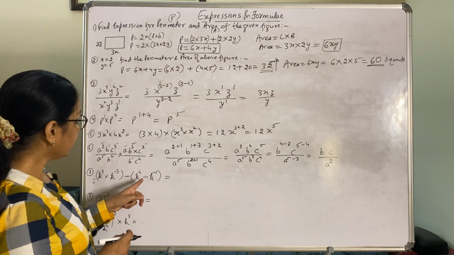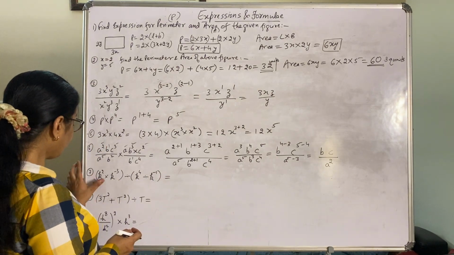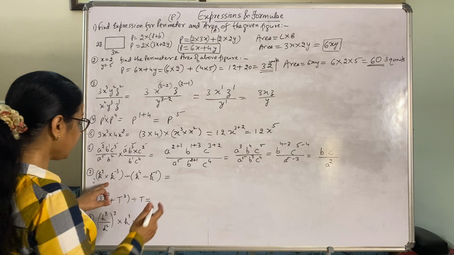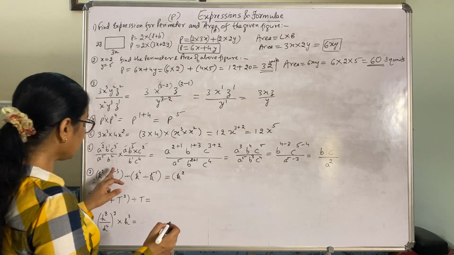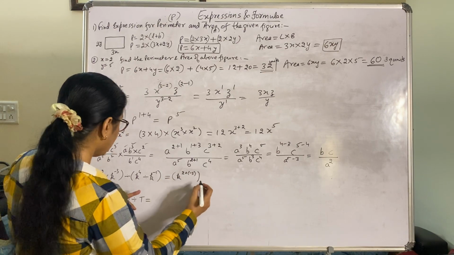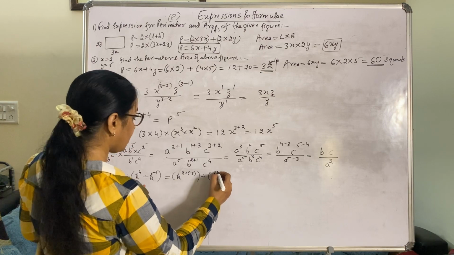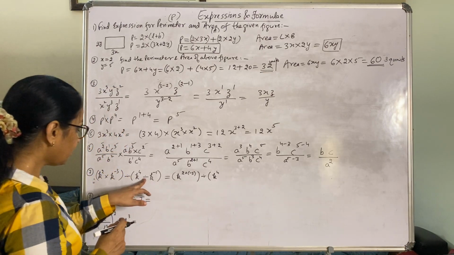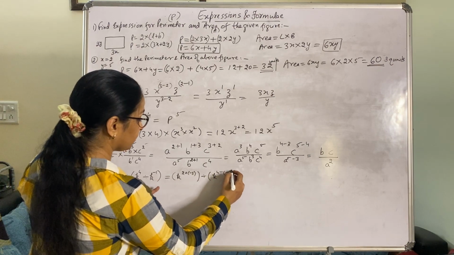Coming to next, which is k square times k raised to the power minus 3 divided by k raised to the power 4 divided by k raised to the power minus 1. So first solving this bracket, so it is k raised to 2 plus minus 3, so it would become minus 3, and here divided by k raised to the power 4, now divided by, so it is minus 1.